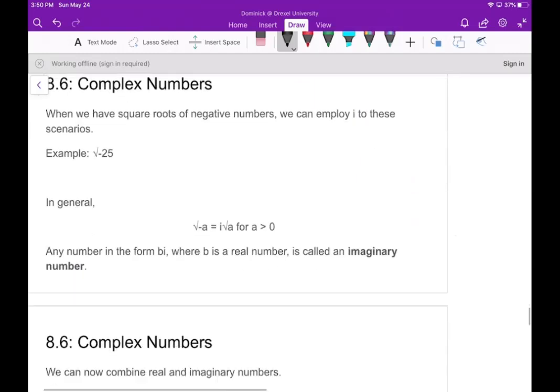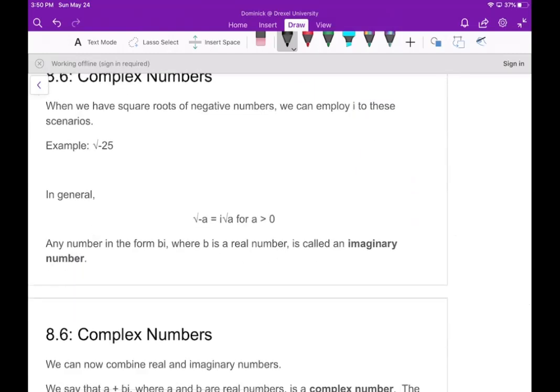Okay, now let's talk about when we have something like a squared equals negative 25, which means that a is the square root of negative 25. Before, we would say that this is not possible or that it has no solution.